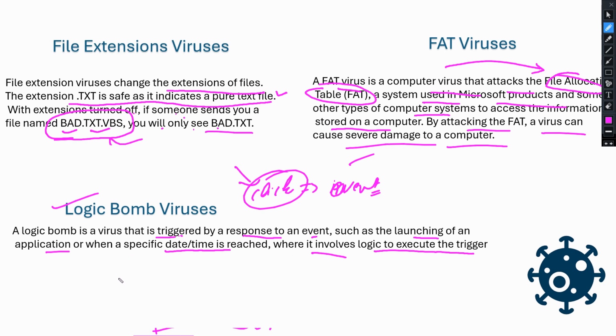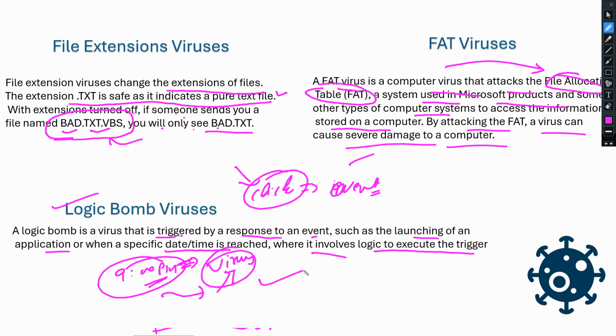Suppose there is a timer set for 9 p.m. Once the time is 9 p.m., this virus executes itself because it's an event that we have set, and it triggers the virus. These are the kind of logic bomb or time bomb, you can say.